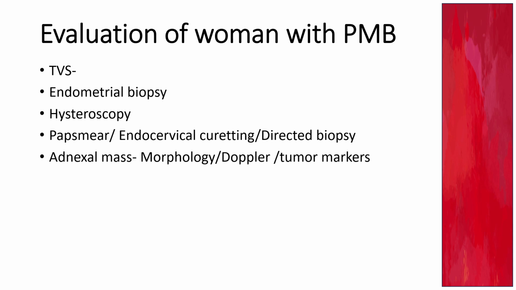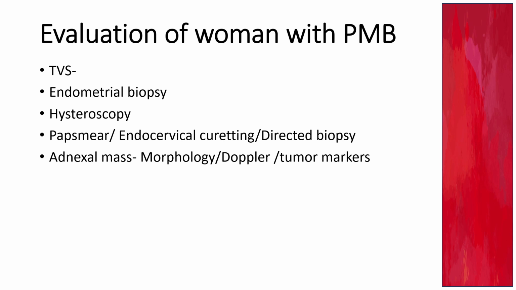A woman on tamoxifen therapy having postmenopausal bleeding, all these cases are an indication for hysteroscopy. If there is fluid in the endometrium, that is also an indication for hysteroscopy.